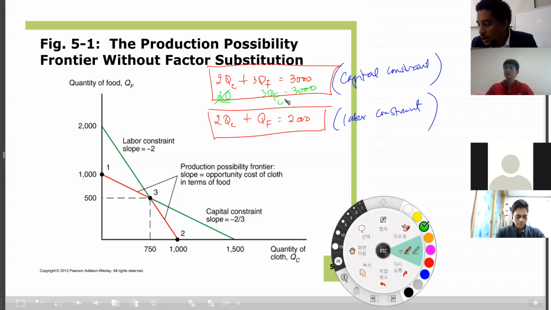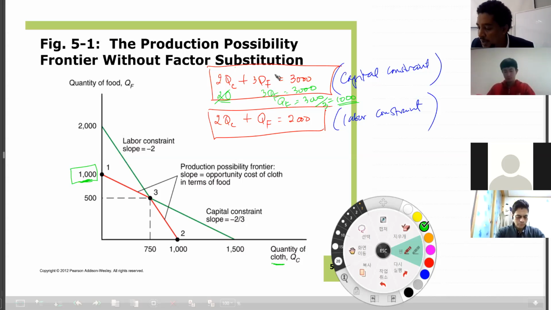Okay, so QF is equal to 3000 over 3, which is 1000. So if we use all our capital to produce food, we can produce 1000 food here.